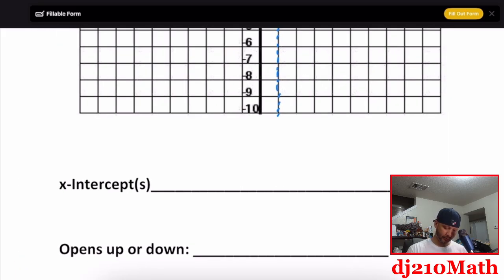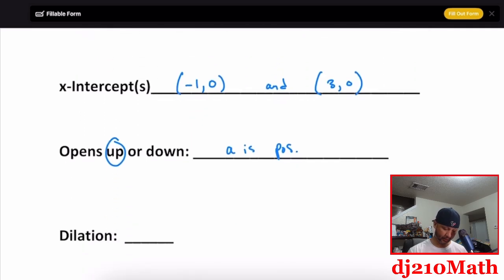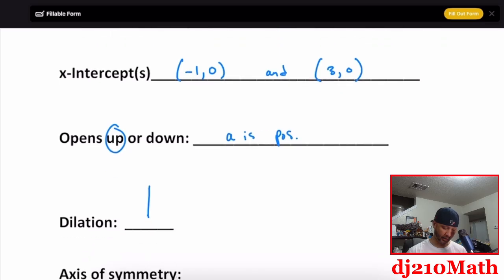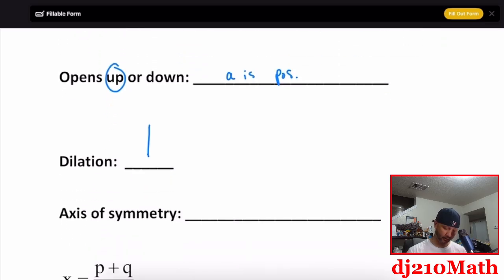Okay, so your x-intercepts are negative 1, 0, and 3, 0. It opens up. A is positive. The dilation is 1, right? Because A was 1. And axis of symmetry is x equals 1.